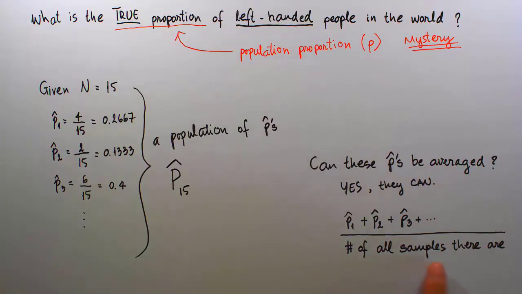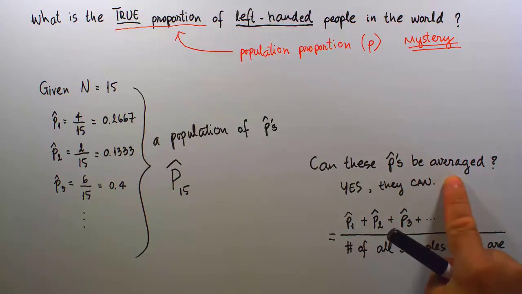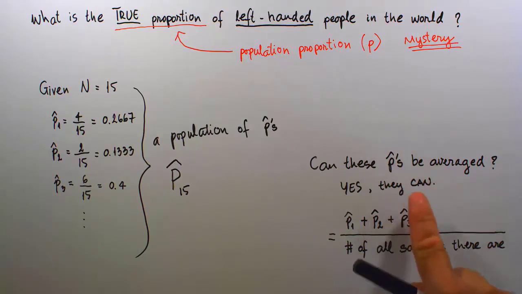And the number of all samples is a lot more than only 3 samples. On my board, I'm only able to show 3 samples, but there are infinitely many more. So if we can add up all sample proportion values and divide by the number of all samples existing out there, then this is that average that we're looking for. And so yes, we can average the sample proportion value.